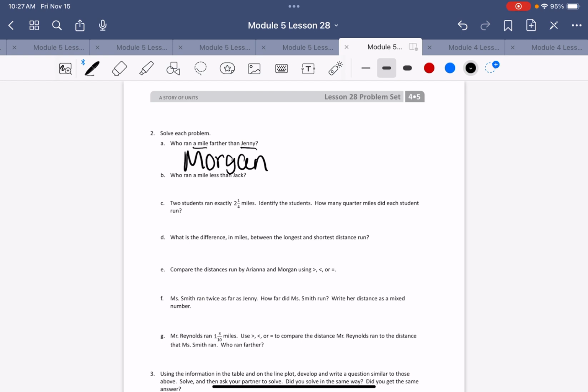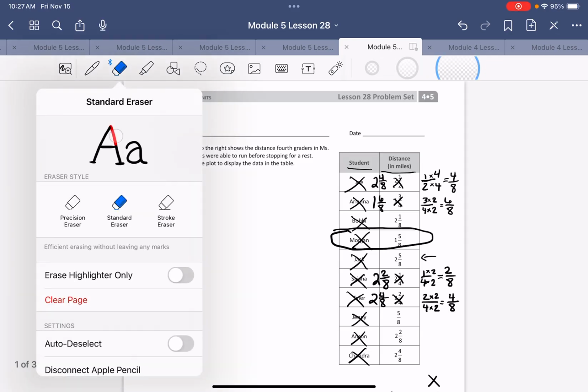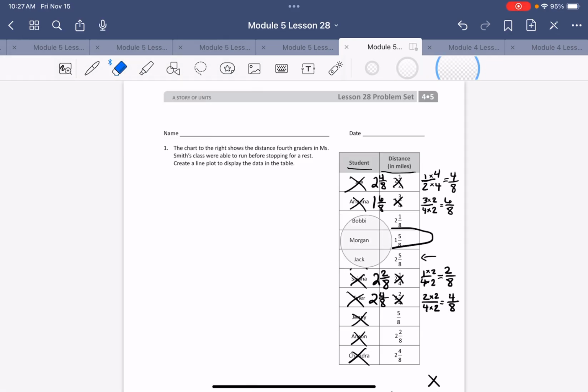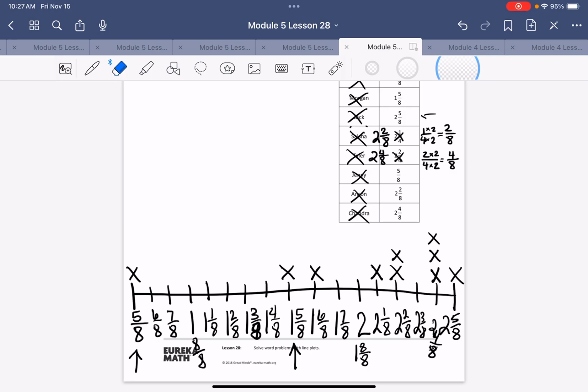On B, it says who ran a mile less than Jack. So I'm going to go back to my chart, and I'm going to figure out where Jack is. So I look at my chart, and Jack is 2 5/8.